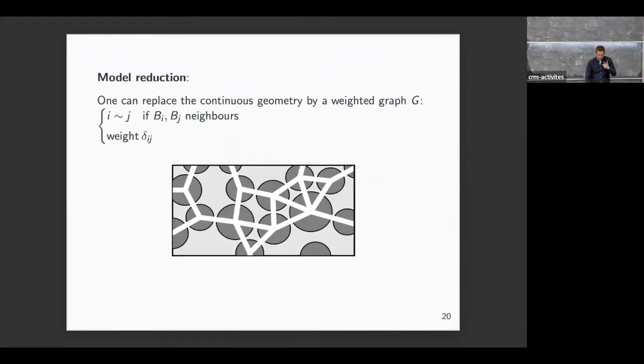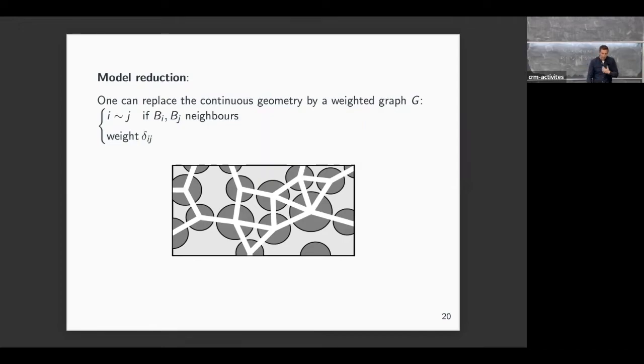Okay, but the nice thing is that when particles get close to one another, you can sort of reduce the complexity of the model, replacing the continuous geometry by some graph where you just keep track of particles that are close to one another. And to each edge of this graph, you associate a weight, which is the distance between the two corresponding particles. So you have this kind of discrete skeleton.